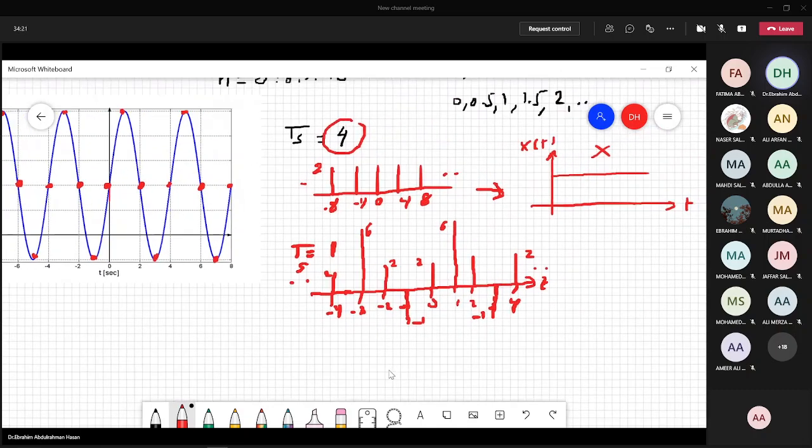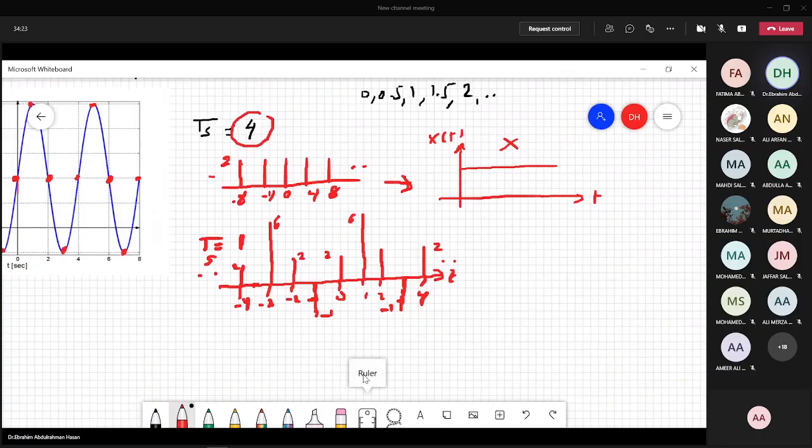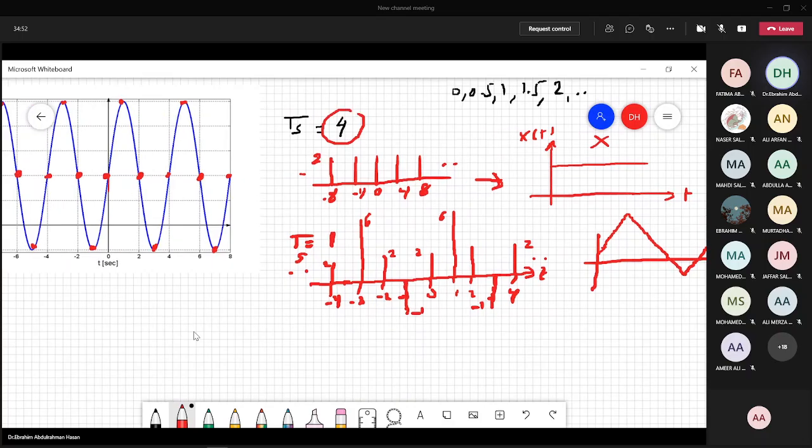Okay, now. Again, if you call the data from your computer and you try to change it to continuous, then you will get something like this. This goes up and down. So you will get something like this, which is again different from the original one.